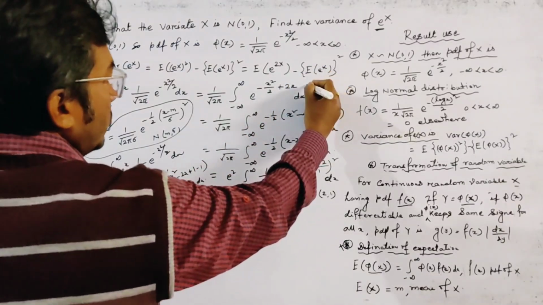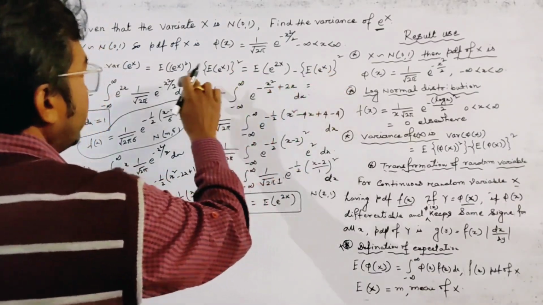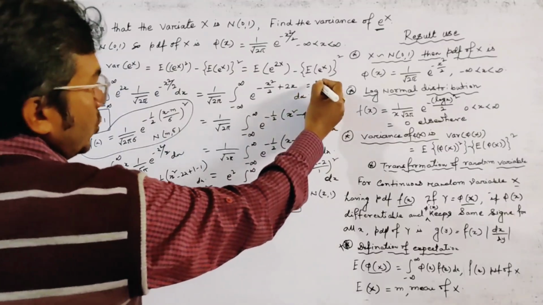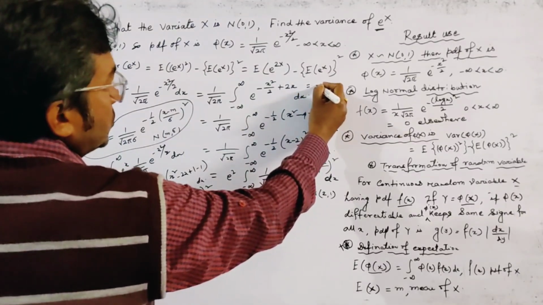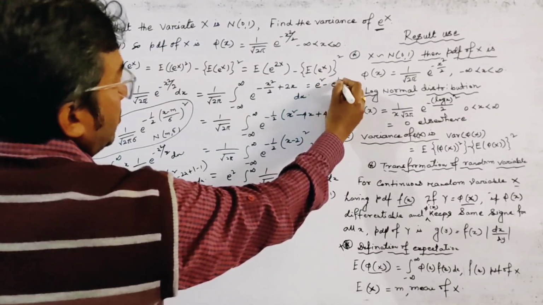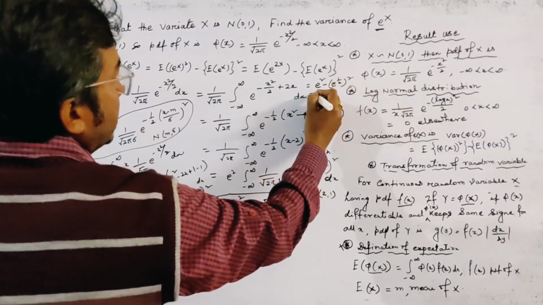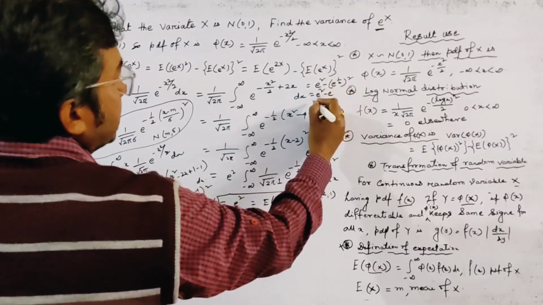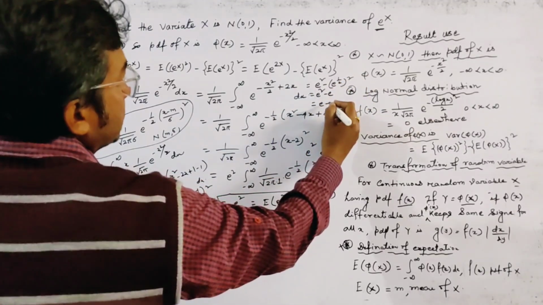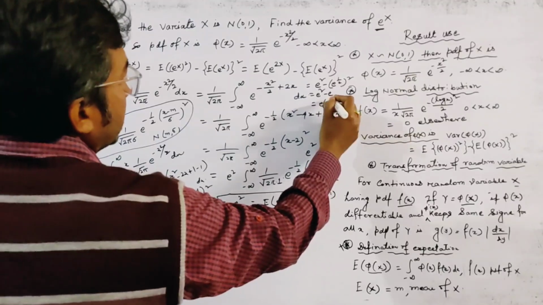We put them here, and we get the variance of e to the power x as e square minus e to the power half whole square, that is e square minus e, that is e into e minus 1.